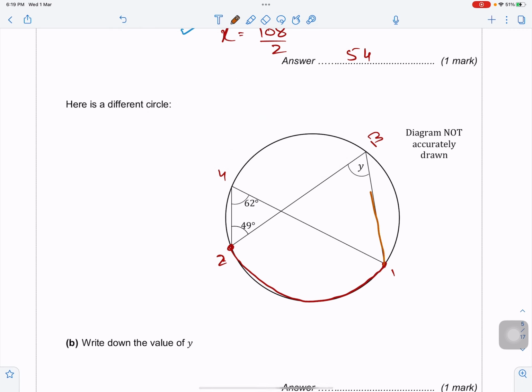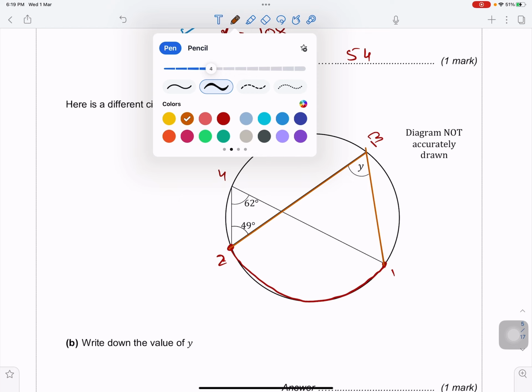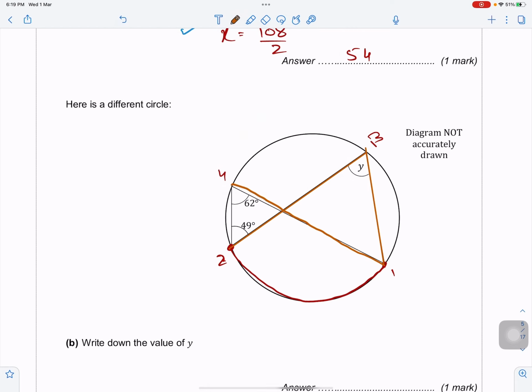If I draw a straight line from 1 it is like this, and from 2 it is like this. Similarly, on this side, from 1 to 4 it is here, and then from here to here. So if this is 62, this is also 62. Make sense? Nothing to do at the moment for the other part, but I'm telling you what y will be. y will be 62. And what is the reason? Angle in the same segment.